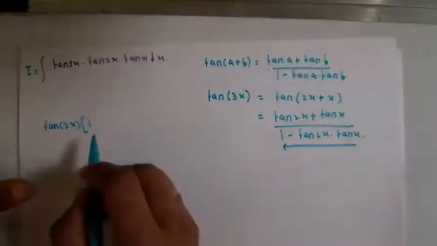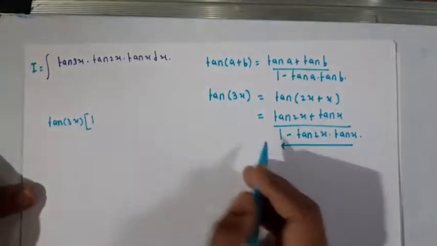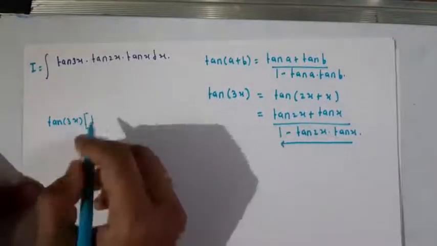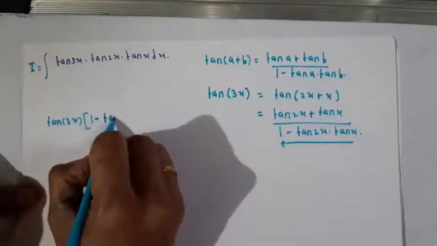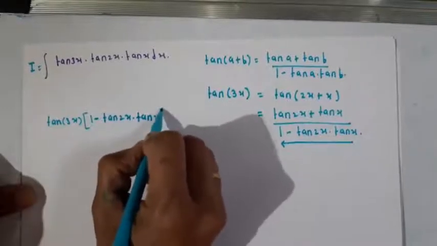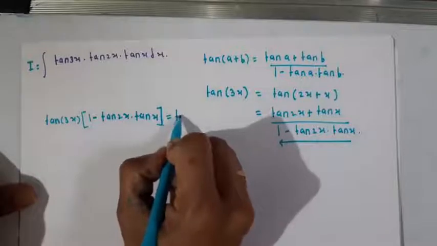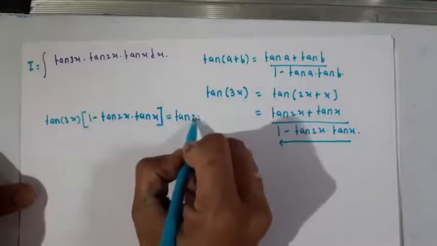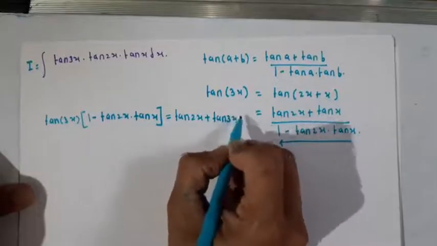Now shift the term to that side, we will get tan of 3x into 1 minus tan of 2x into tan of x, and that is equal to tan of 2x plus tan of x.